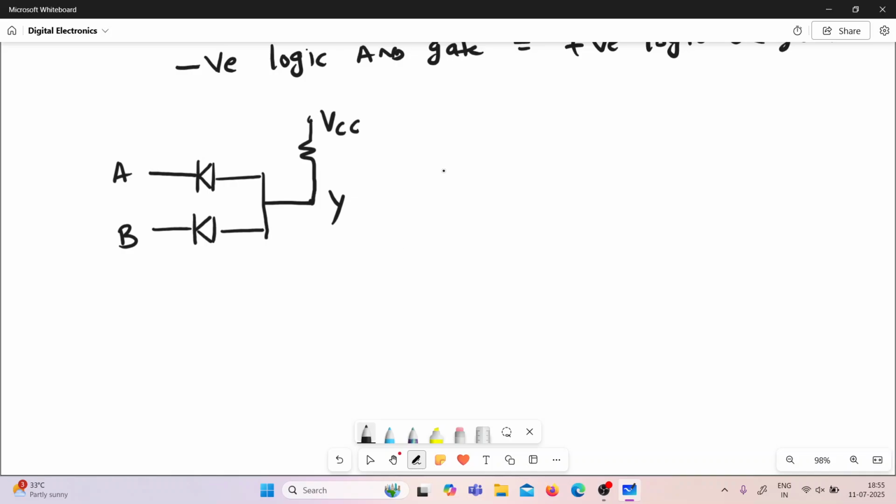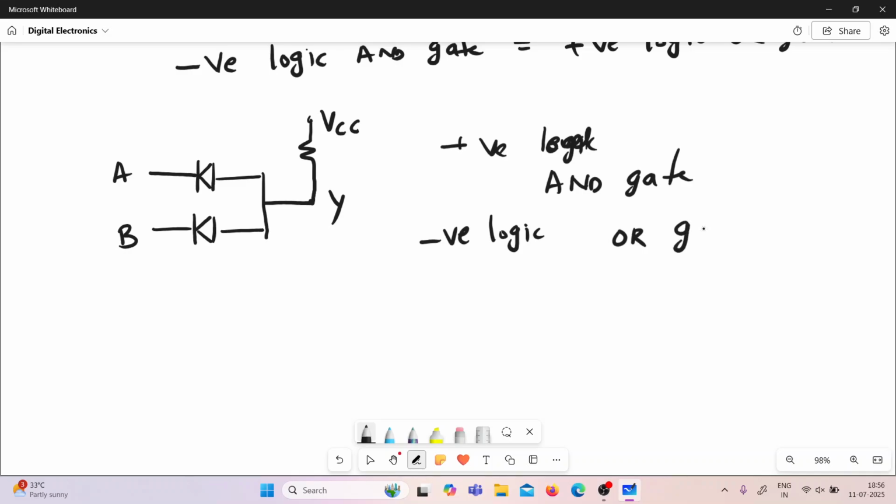For this question, if we apply positive logic voltages, the circuit is acting as an AND gate. But if we are using the negative logic voltage levels, the same circuit can be used as an OR gate.